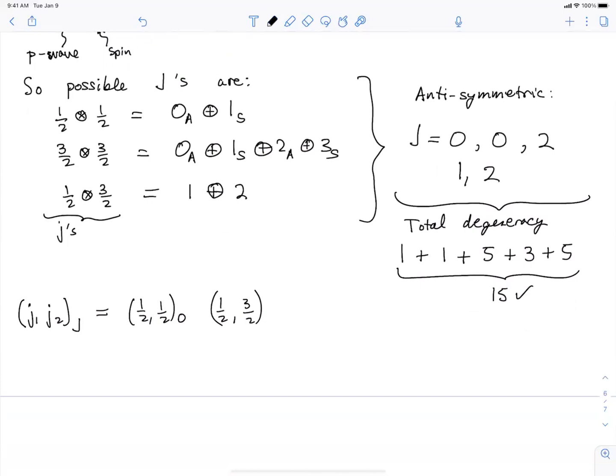I'm writing them in an order that happens to correspond to their increasing energies experimentally. Then there's (3/2, 3/2)₂ and (3/2, 3/2)₀. And this one right here, the (1/2, 1/2)₀, is the ground state.